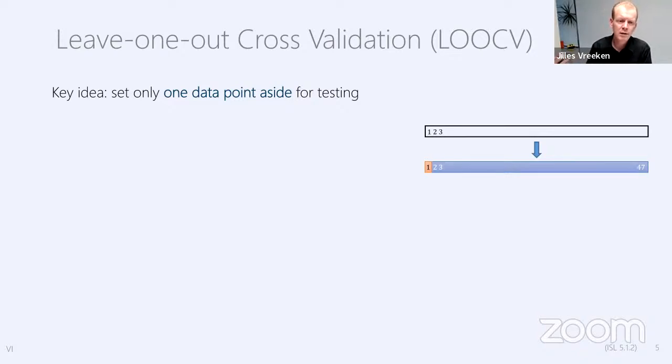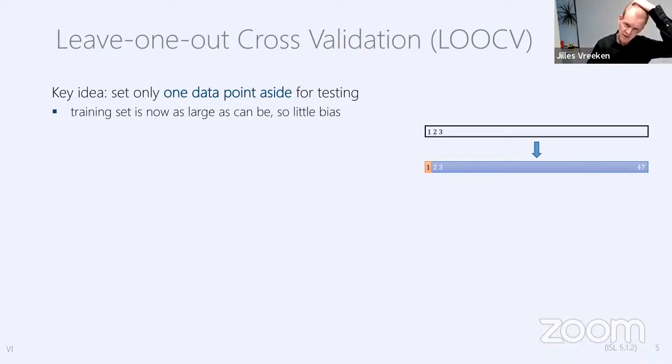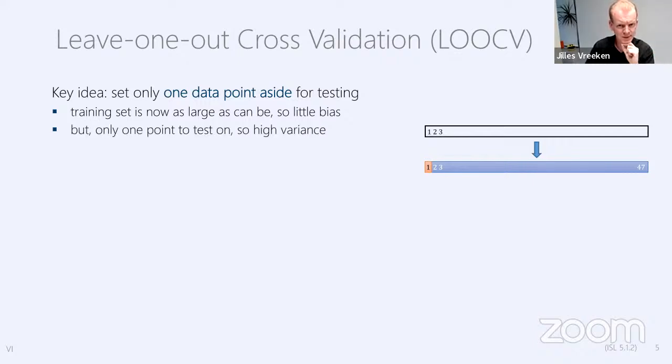That's the key idea of what we call leave one out cross-validation. So what we now have is a training set that is as large as can be. So there is very little bias there, or as little bias as we can afford, right? However, we only have one point to test on. So if we're lucky, then perfect, but it's kind of hit or miss.